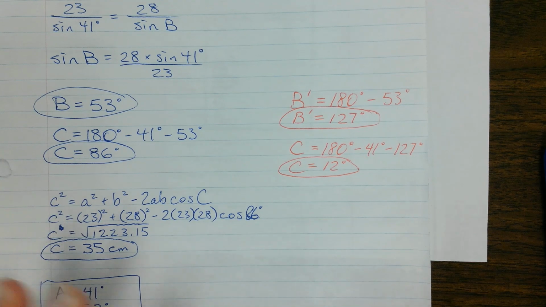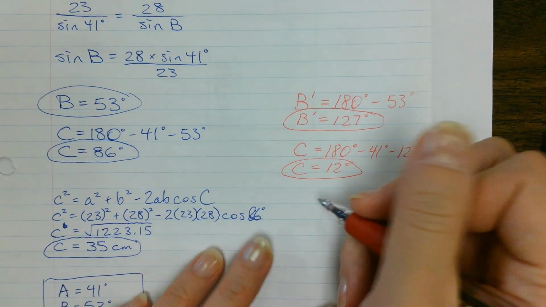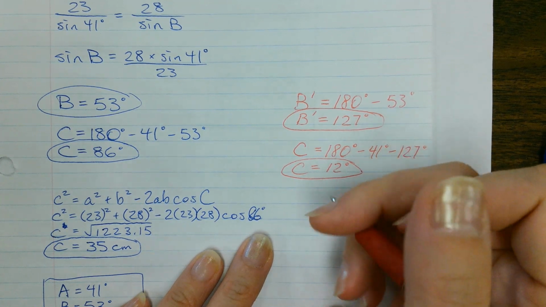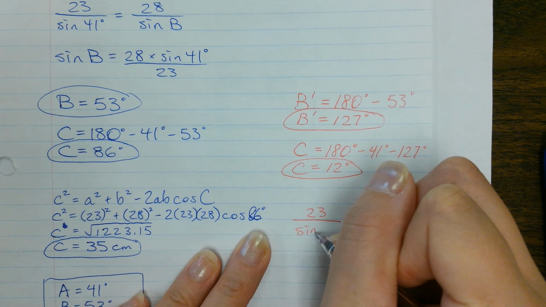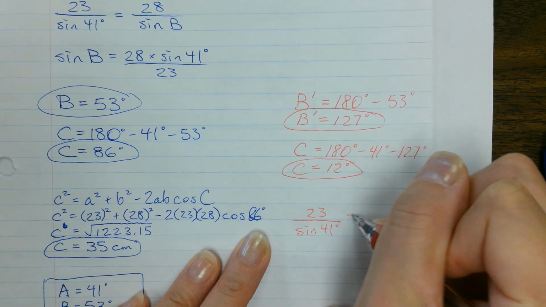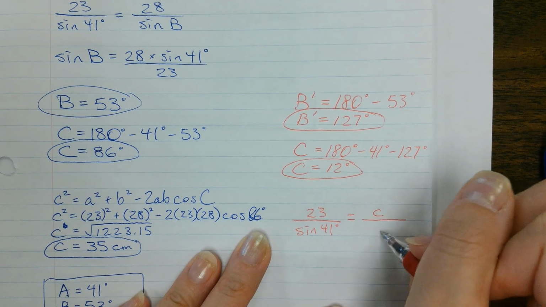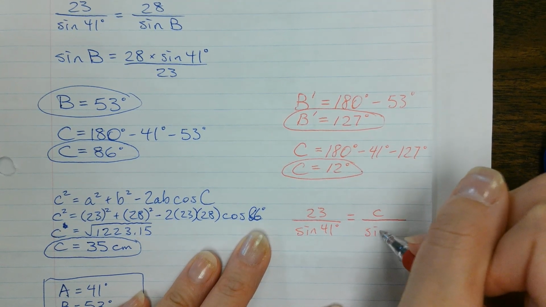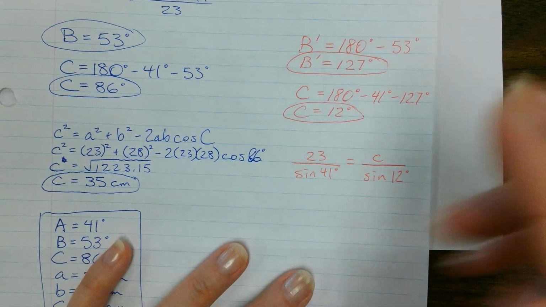And then lastly, we can just do sine law to solve for the length AB on the bottom. So 23 over sine 41 degrees equals C over sine 12 degrees. Cross multiply and divide.